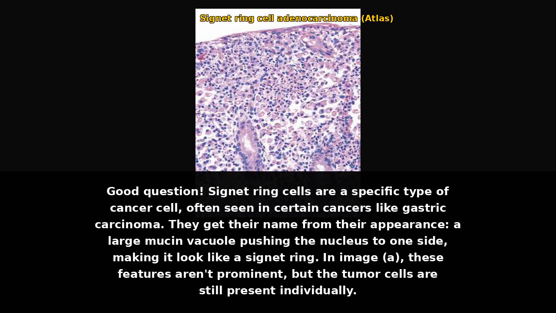Good question. Signet ring cells are a specific type of cancer cell, often seen in certain cancers like gastric carcinoma. They get their name from their appearance, a large mucin vacuole pushing the nucleus to one side, making it look like a signet ring.